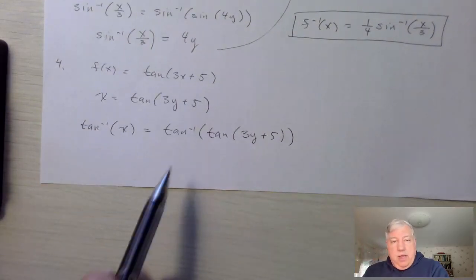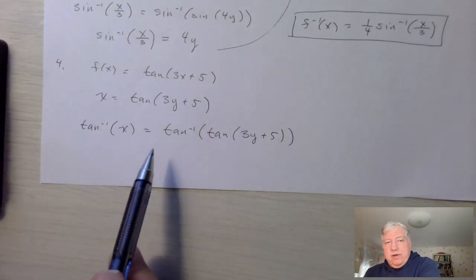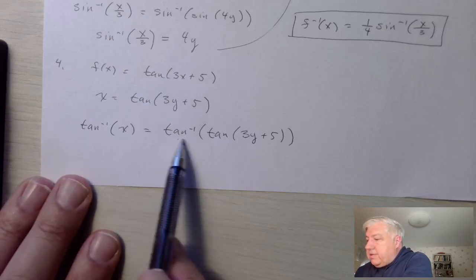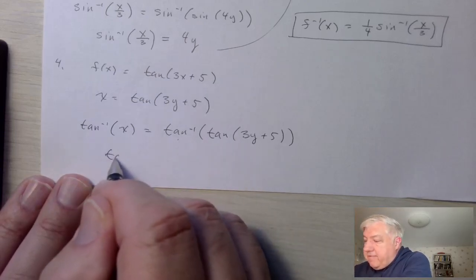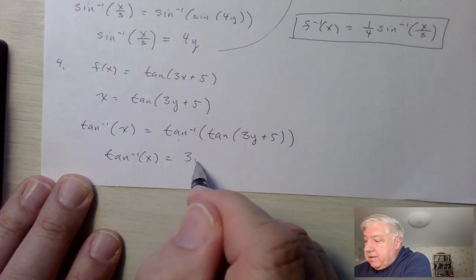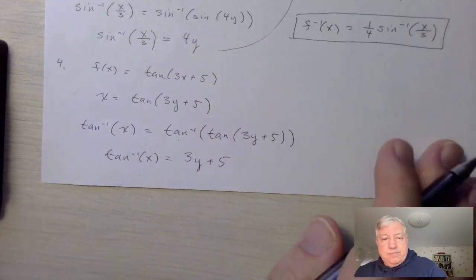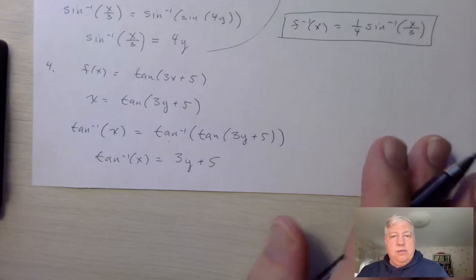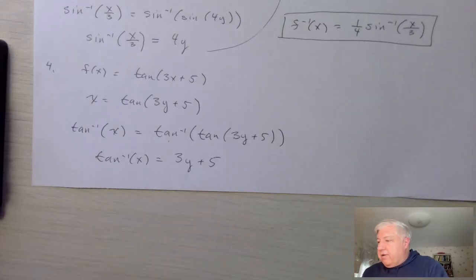And then this and this will cancel, so we'll have the inverse tangent of x equals 3y plus 5. Now it's just basic algebra again.